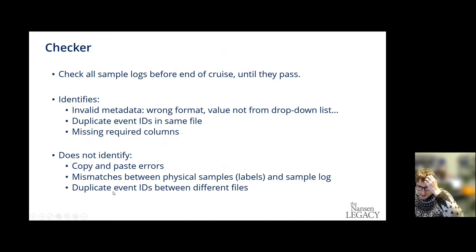And the other thing it doesn't check for at the moment, at least in this version 1, is if you have included an ID and someone else has logged the same sample with the same ID, or even worse, a different sample with the same ID, it can't check for that. It checks each sheet as a standalone item.